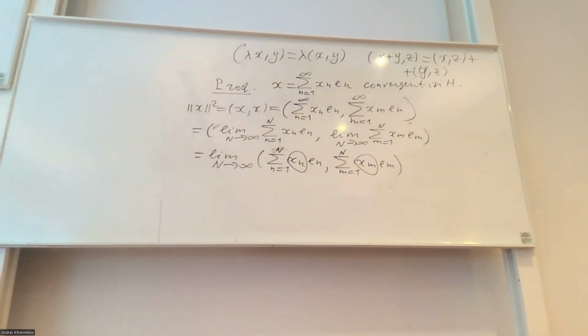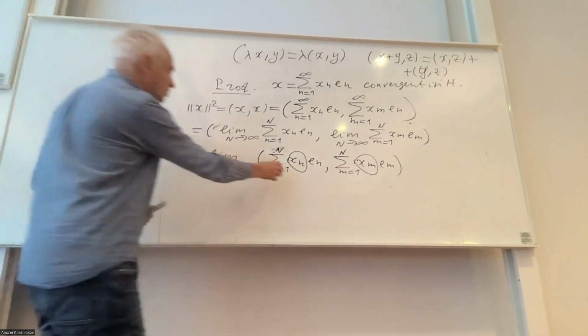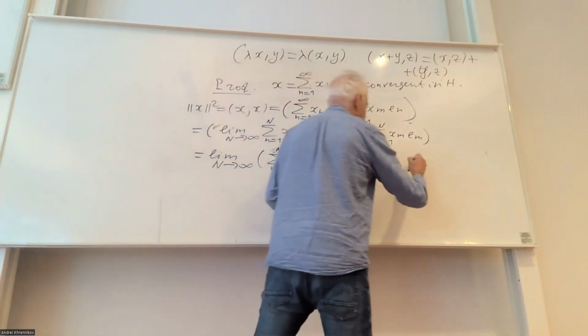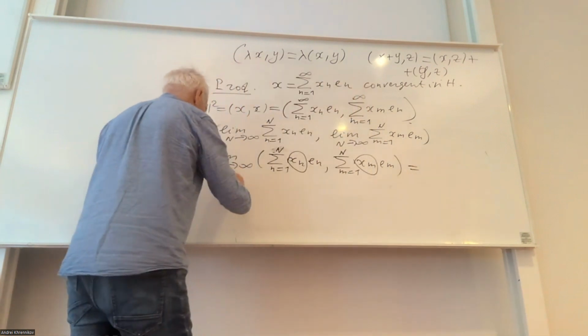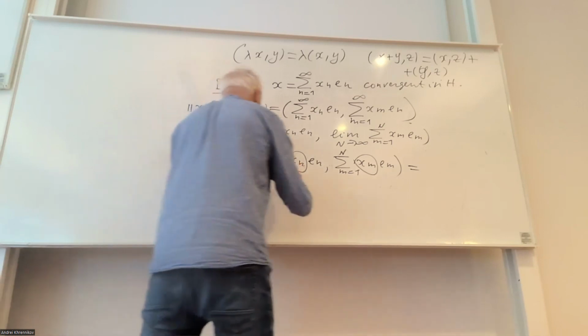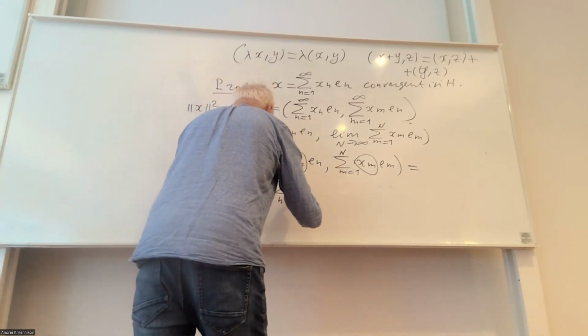So the scalar product is linear with respect to both variables. So now we change this sum and this scalar product, and numbers go out. Now maybe we go into details, but it's the first time, so it is okay.